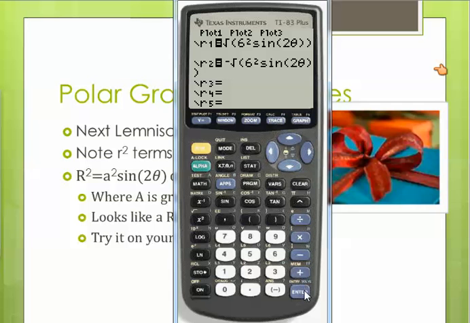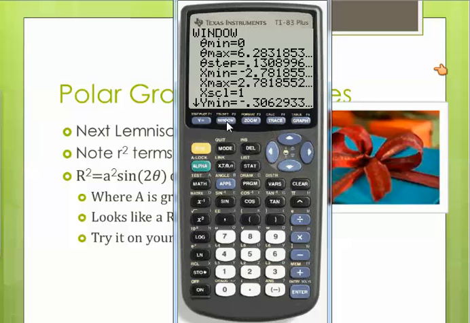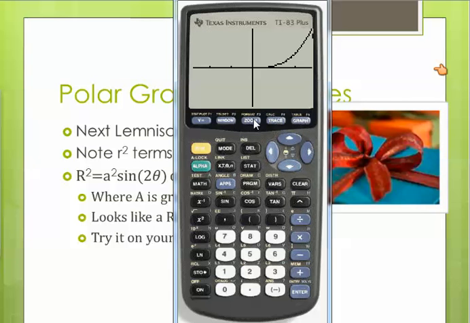Okay, enter. And I'm going to hit graph on this. Hopefully it's going to look like a ribbon. Up, zoom 0, fit. Window. Okay, we want it to go to 360 degrees. Enter. Graph. Zoom.